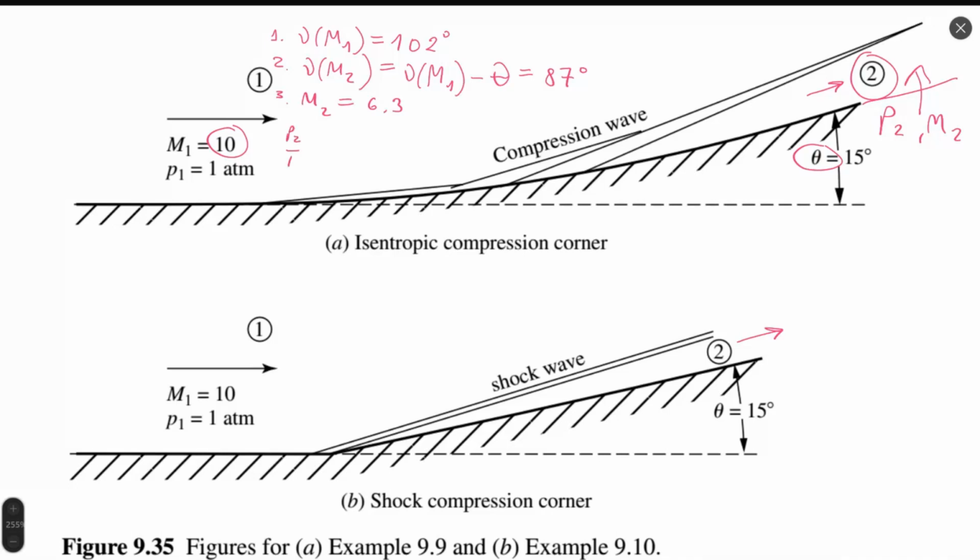So pressure 2 by pressure 1 is 129 divided by, then I will see 6.3 Mach, it's 51.6.